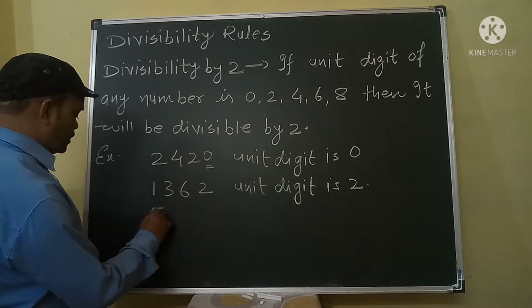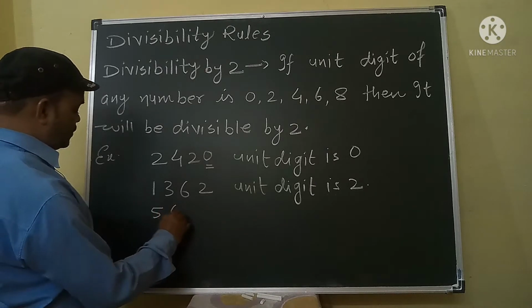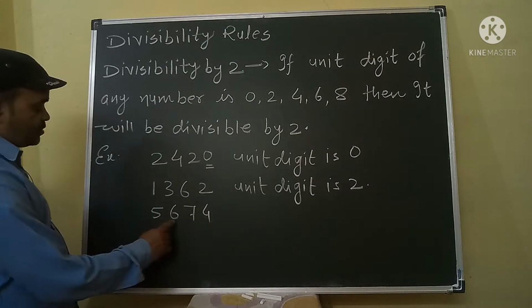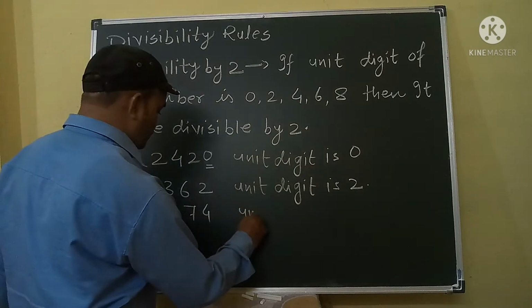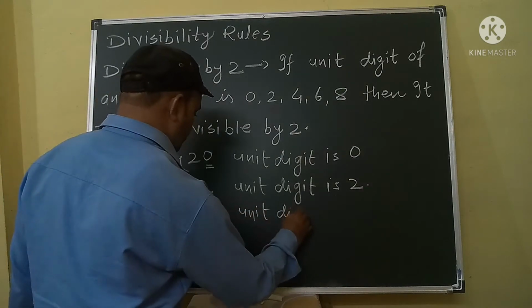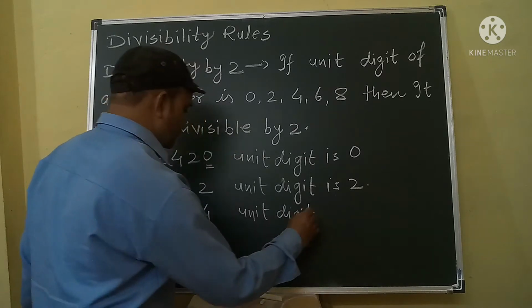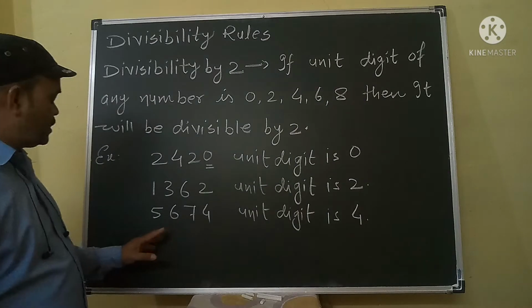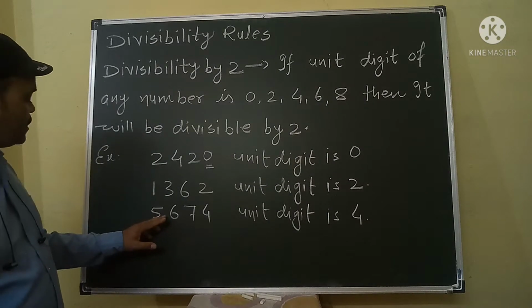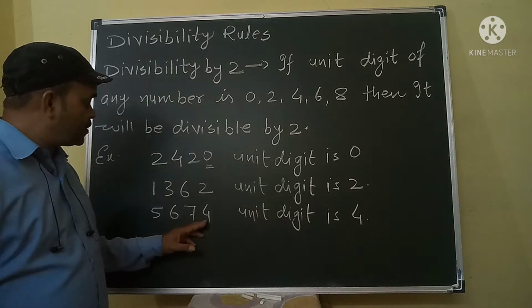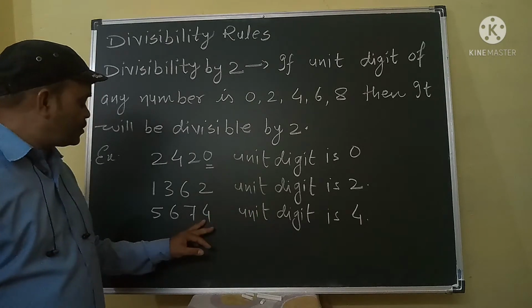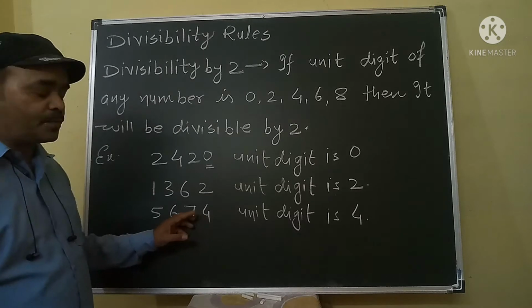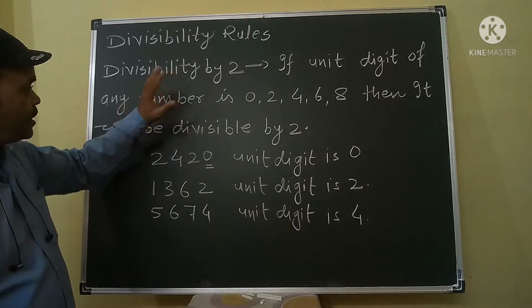In another example, suppose 5674. In 5674, the unit digit is 4. So 5674 will be divisible by 2.